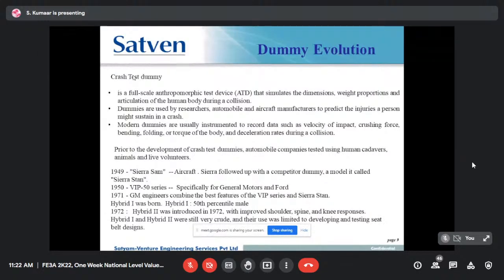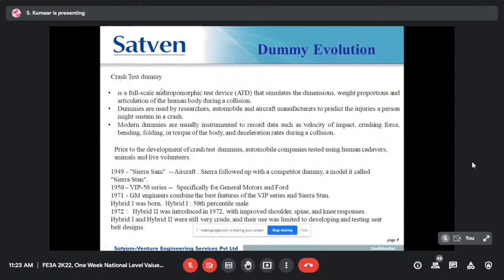The dummy is developed based on the human size, weight, proportions and articulation of the human body during a collision. These dummies are used by researchers and automobile and aircraft manufacturers to predict the injury a person might sustain in a crash. Modern dummies are usually instrumented to record data such as velocity of impact, crushing force, bending, folding, torque of the body, and deceleration rates during the collision.